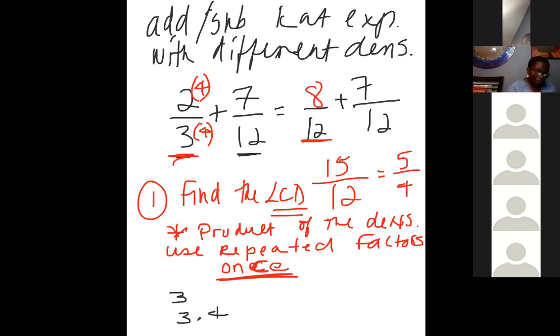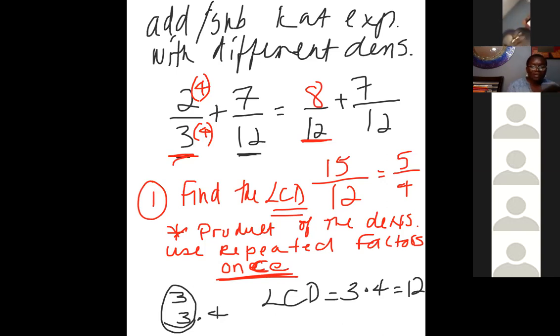Now, following through with what I just said about the LCD, we want to find the product of the denominators. If there's a repeated factor, in this case, the 3, we got to use it just once. Use repeated factors just once. So then the LCD would have to be the repeated factor, which is 3. We're going to use it once, and then we multiply it by 4, so that would give us the 12. That's what I mean by it.